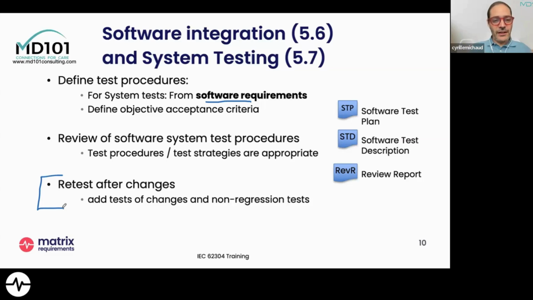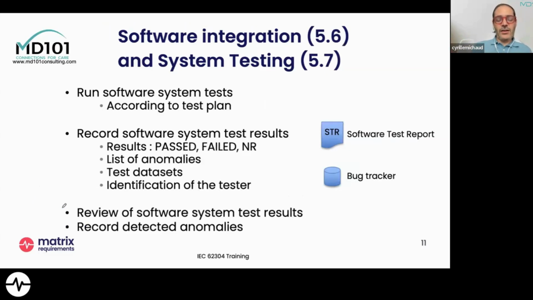So defining, reviewing, retesting after changes, which means that we can add additional tests also. And then running the tests according to the test plan, recording the results. So that will be, in fact, the XTC items, which will be the records of results, with the requirements quite prescriptive of the standard.